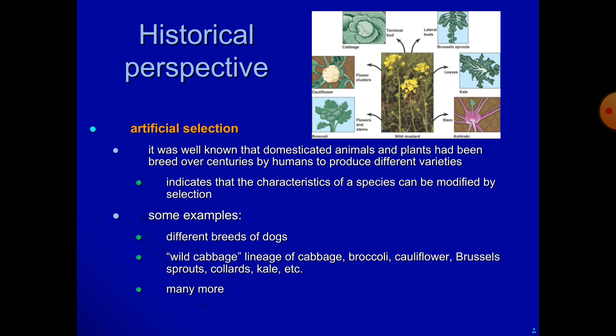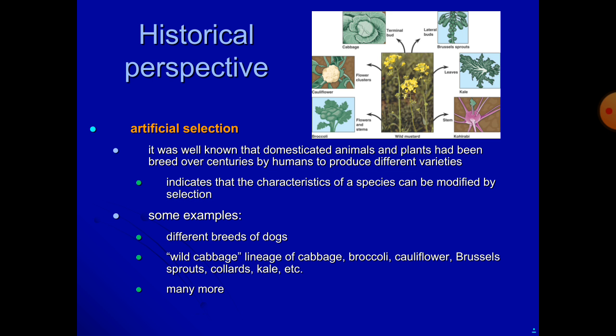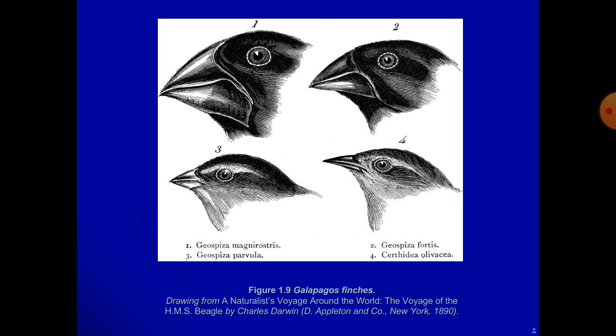Some examples of artificial selection include different breeds of dogs, and wild cabbage, the lineage of cabbage, broccoli, cauliflower, Brussels sprouts, collards, kale, and more. Now, this is a picture of Galapagos finches, but these finches had undergone natural selection instead of artificial selection.